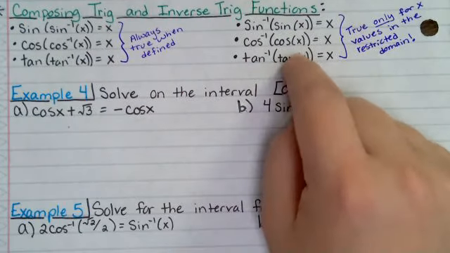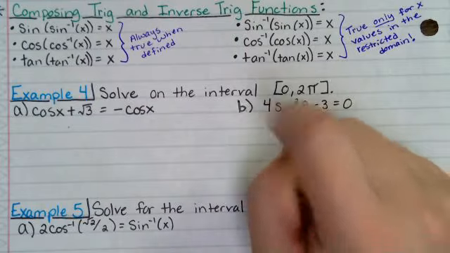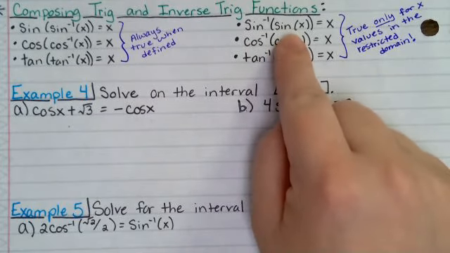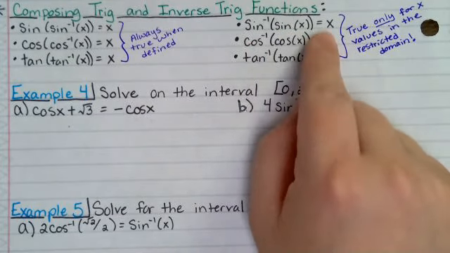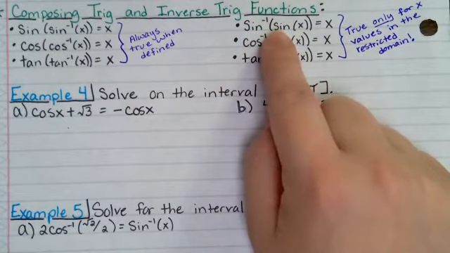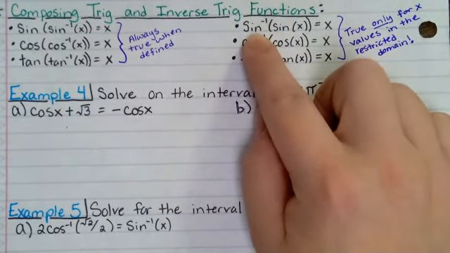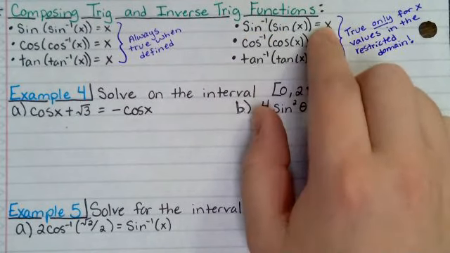Whereas in this scenario over here, where our answer is supposed to be the sine inverse, we're doing sine inverse of sine of x. So our final answer may not be what x originally was. You may not just be able to straightforward cancel, because all of the outputs for sine inverse should be from negative pi over 2 to pi over 2. All of the answers here would need to fit in that range as well.